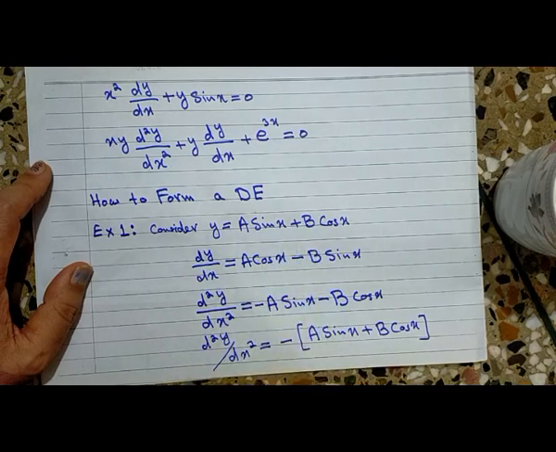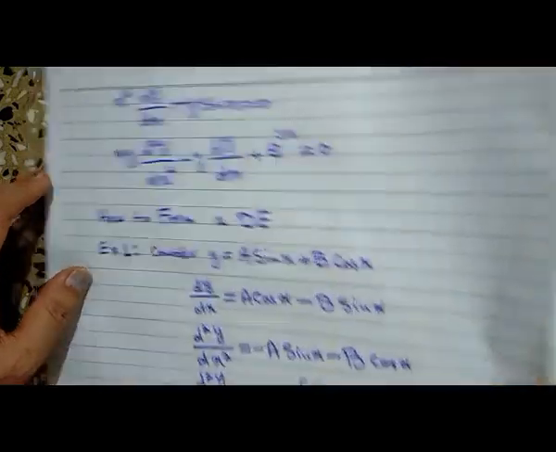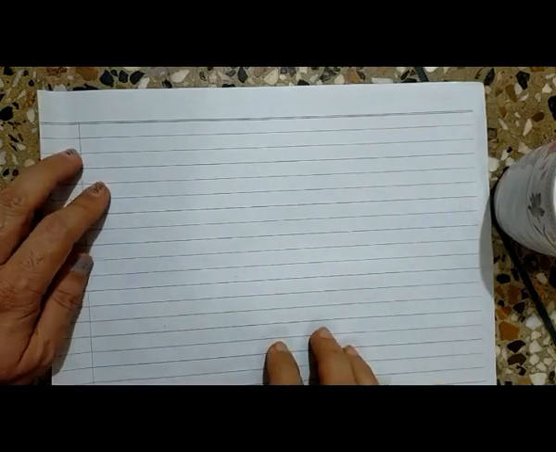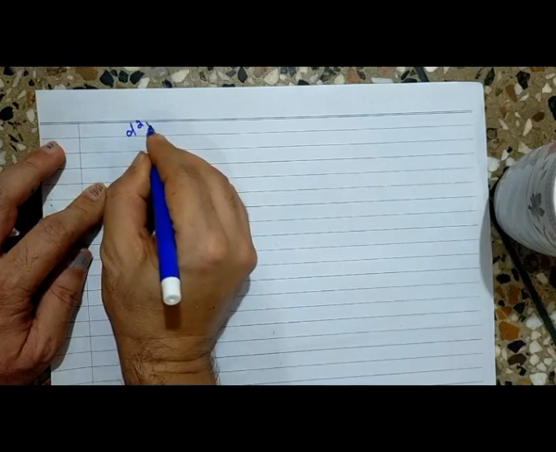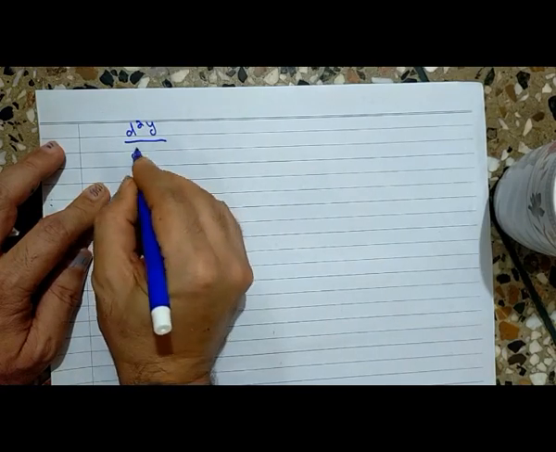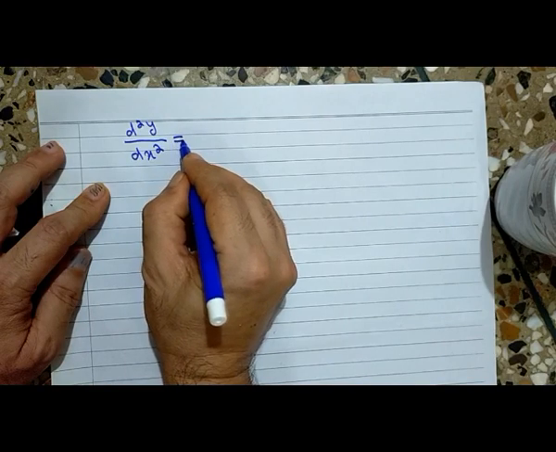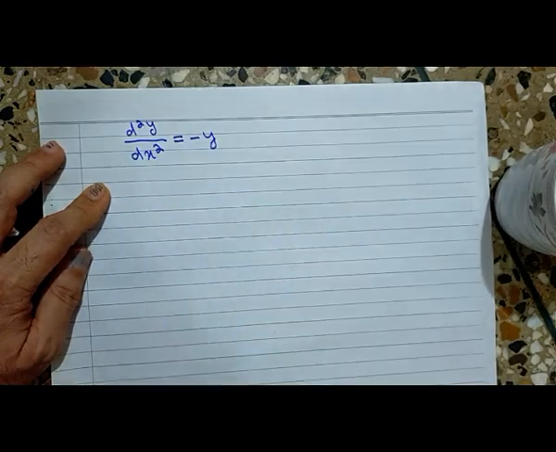Yes, it is. So we can replace this one with minus y in here. Now this d2y over dx2 is equal to minus y.